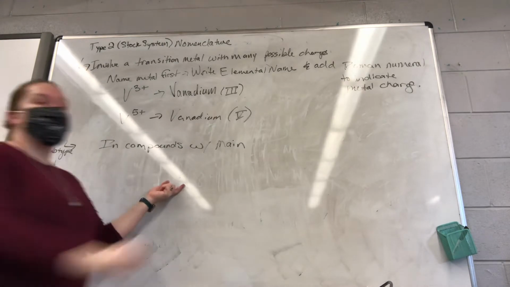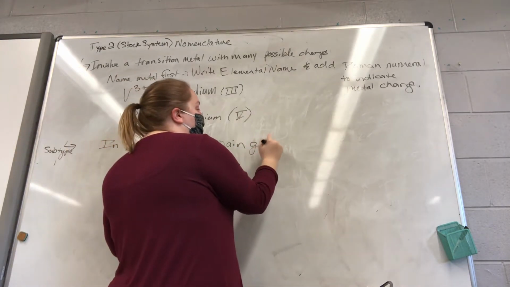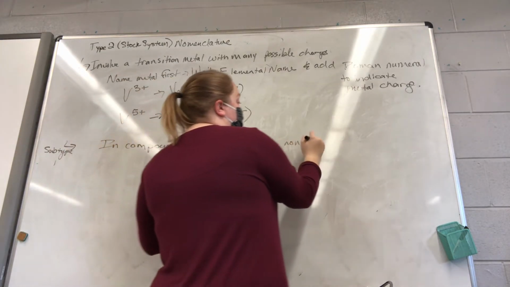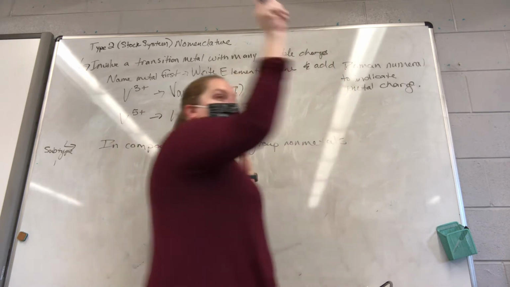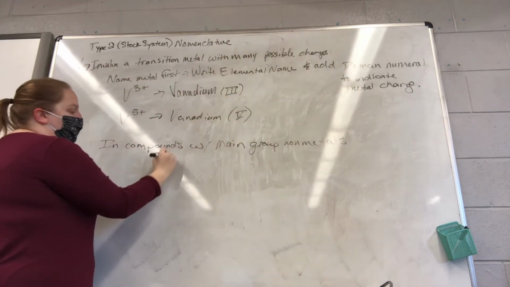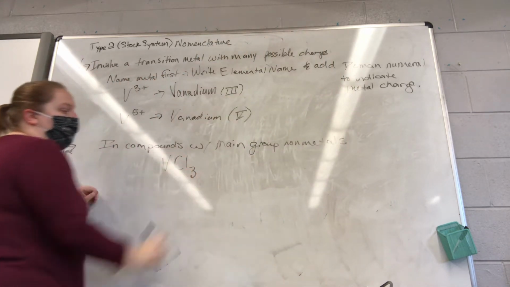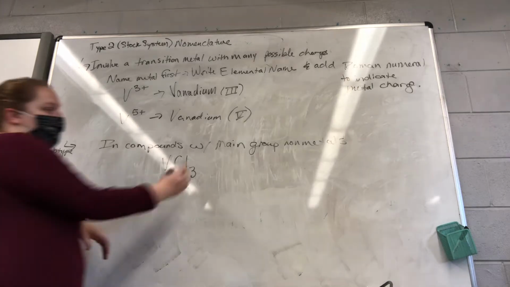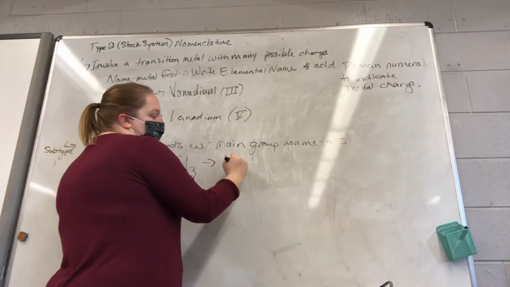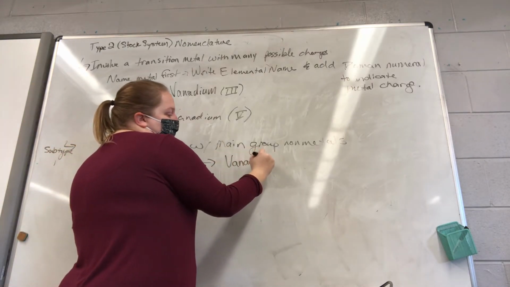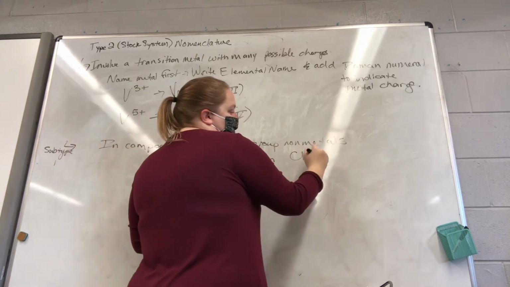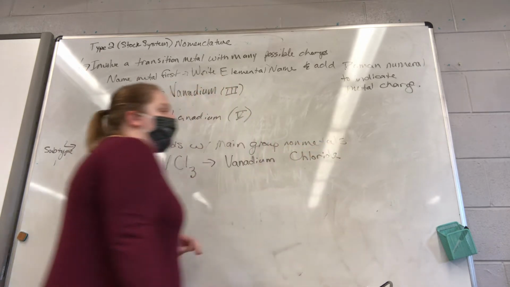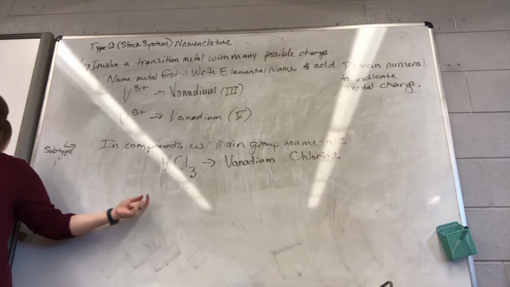Subtype 1 is going to be main group nonmetals, which we're going to use the same way we did in type 1, where the ending of the nonmetal gets dropped and we add IDE. I have to have a Roman numeral here, right?